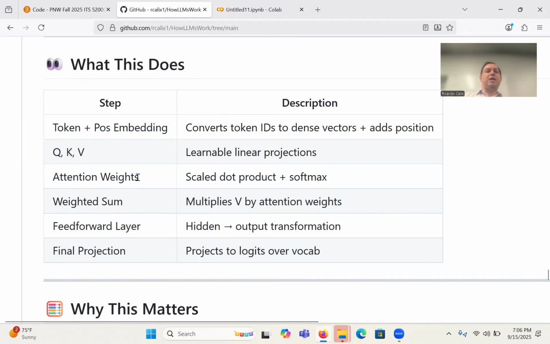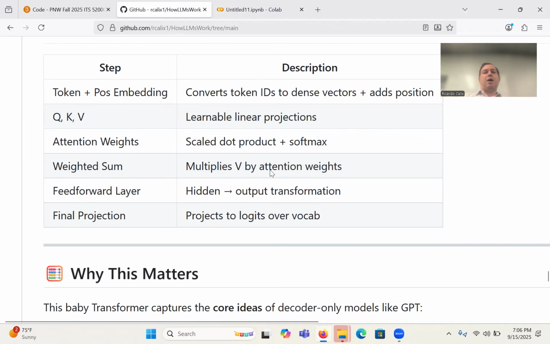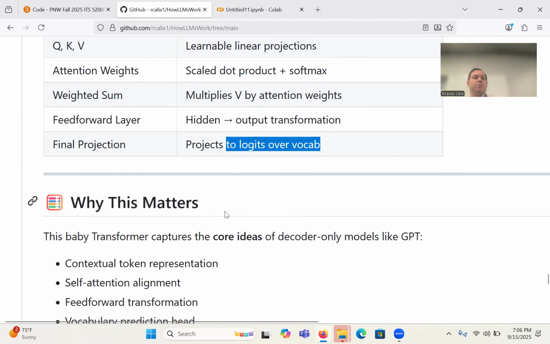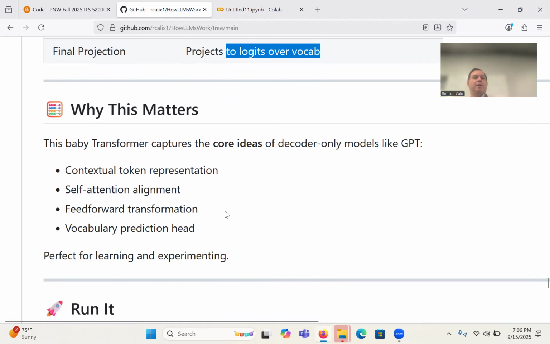We have the attention weights, which is the dot product and then a softmax of K and Q. Then we multiply by V. And then we do a feed forward. And then finally another matrix multiplication projects to the vocabulary size. We'll see that in a sec.